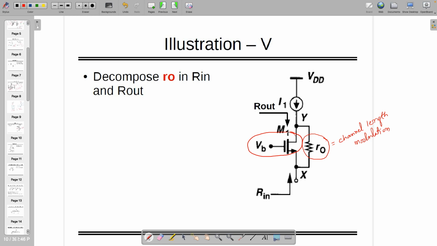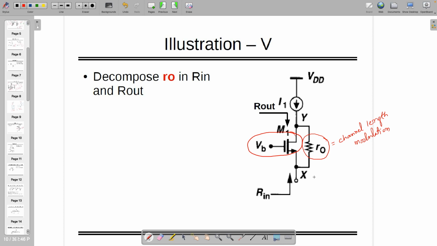Okay, so what do you think? It will act as a common gate amplifier. So then tell me the gain from Vy by Vx. First of all, tell me whether the gain is plus or minus. Plus, okay. And how much is it? GM or not?